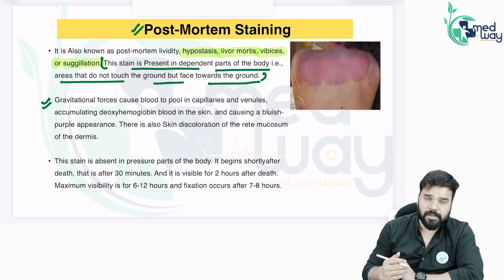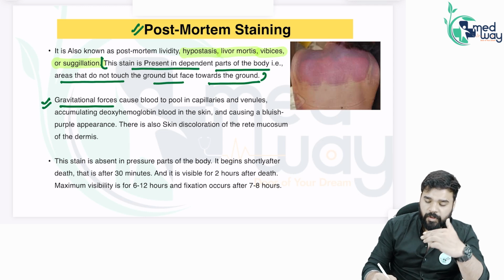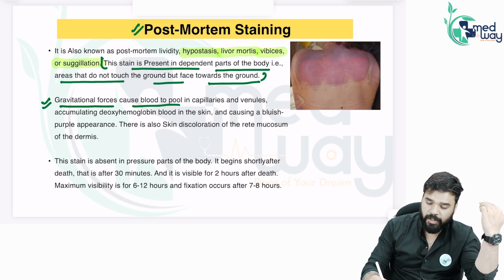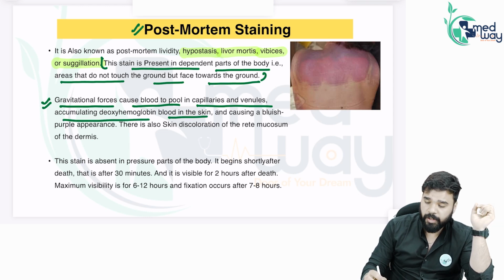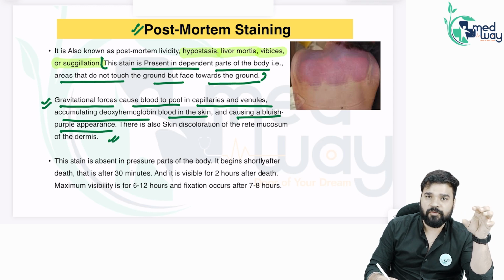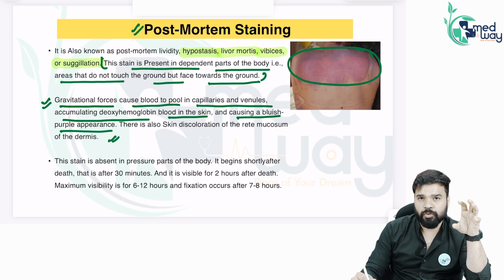Why is there hypostasis? It is because of the gravitational force. It causes blood to pool in the capillaries and venules, accumulating deoxyhemoglobin in the skin. Okay, causing a bluish purple appearance. So what is the appearance of PM lividity? It will look bluish purple.